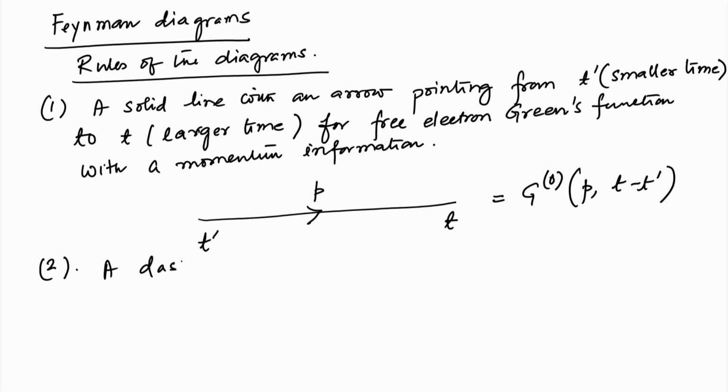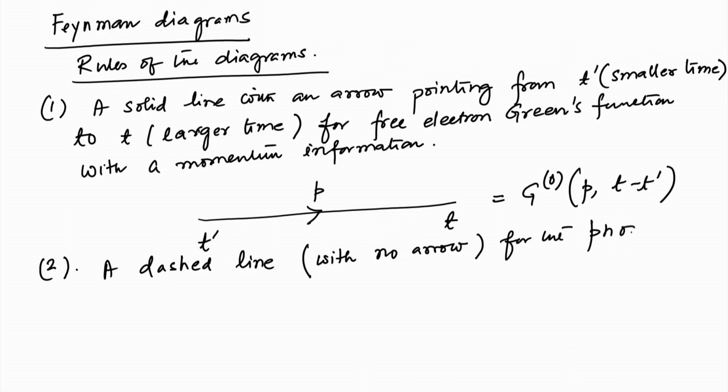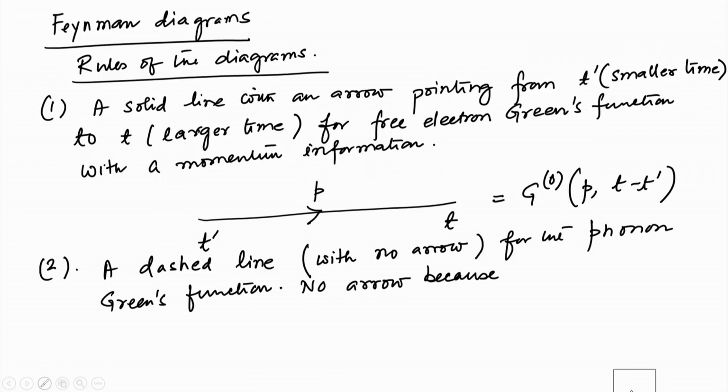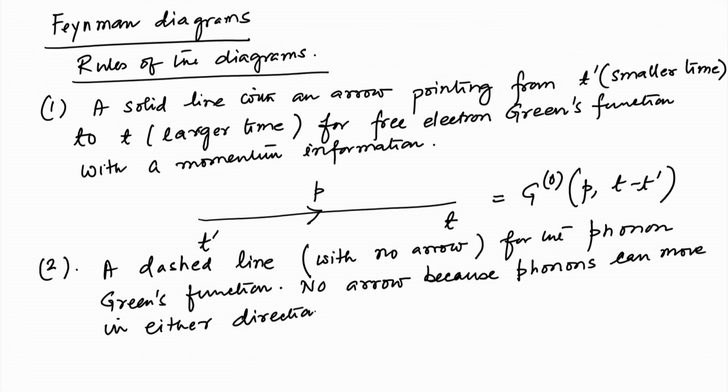So, a dashed line with no arrow for the phonon Green's function, and no arrow because phonons can move in either direction on the line, that is in time.